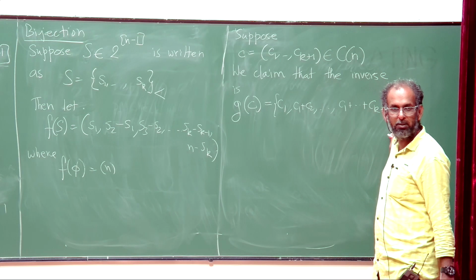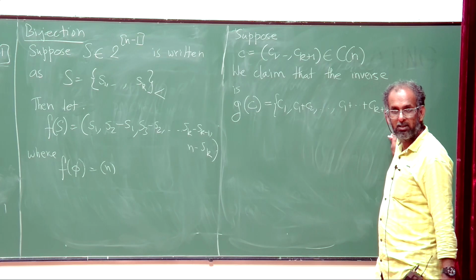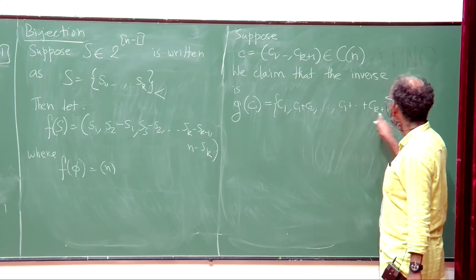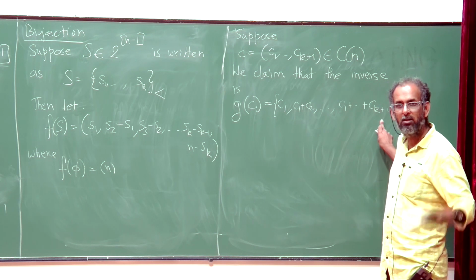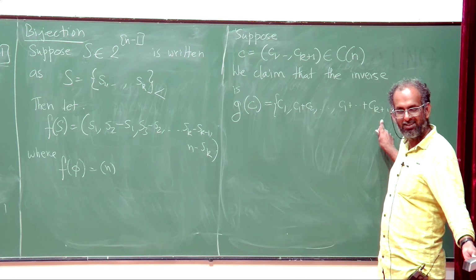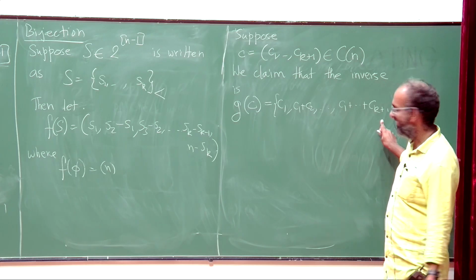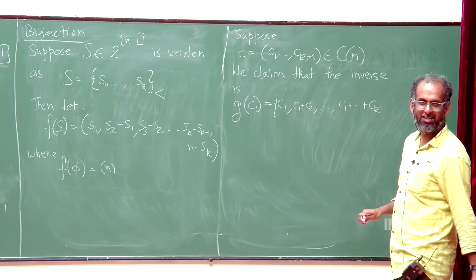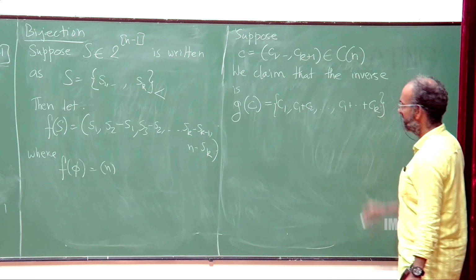Is it C(k+1)? No, it is Ck. Because C1 plus up to C(k+1) is what? It is n, because it's a composition of n. So I can throw out that C(k+1). This is what I just said.